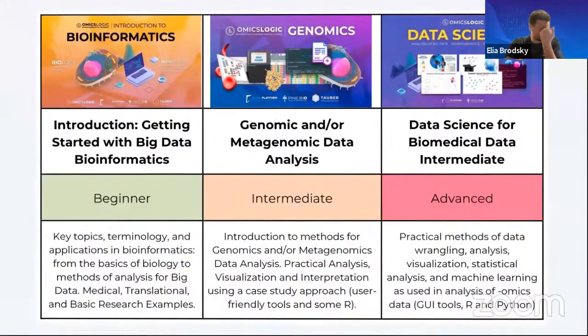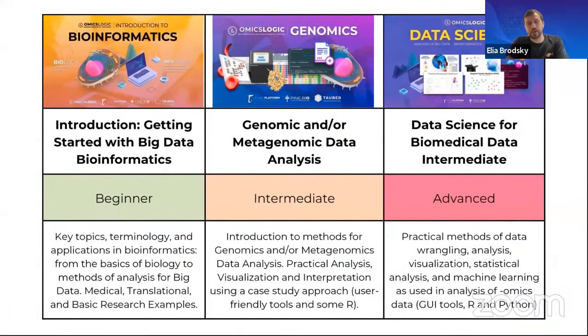So to briefly summarize, the two programs that we discussed today are Introduction to Bioinformatics, getting started with big data bioinformatics, and Genomics. Now, I think tomorrow we're planning to do another orientation session that is going to be dedicated to metagenomics and data science, which are more advanced programs for those that already have some basics in those fields, like you might have some background in microbiology, or maybe you're interested in data science, which will typically require you to have some background with coding.